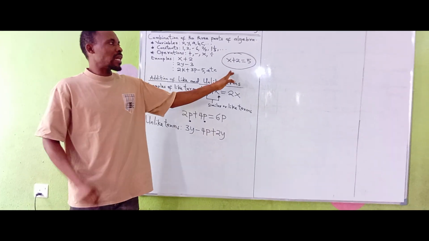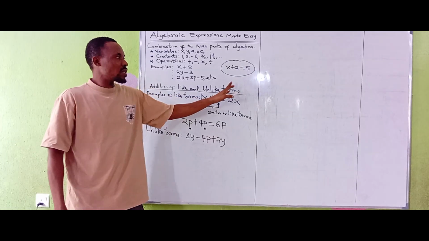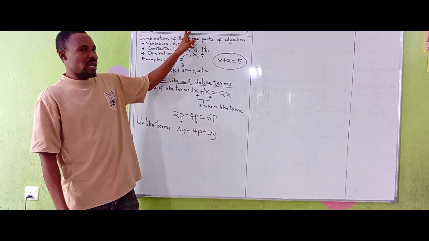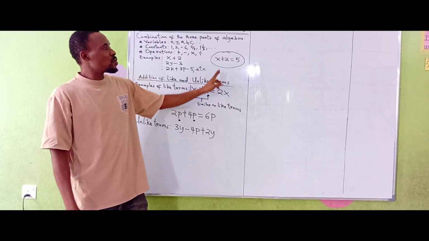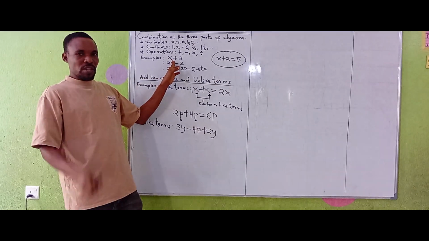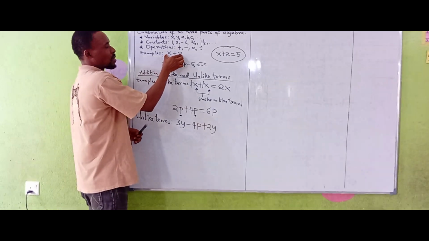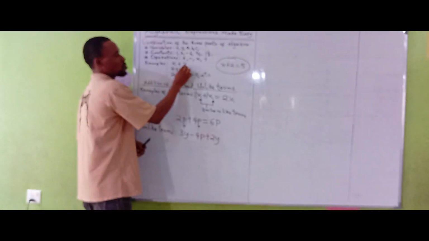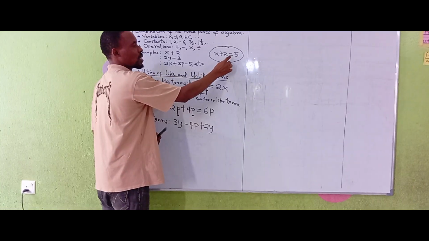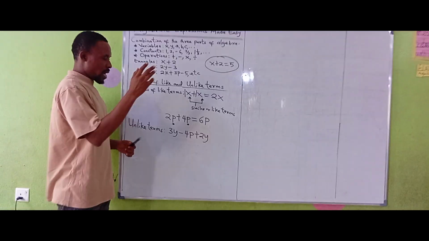This is called an algebraic equation because it has this equality sign. We are looking at algebraic expressions, so do not confuse an algebraic equation with an expression. Please notice the difference. x plus 2 is an algebraic expression, while x plus 2 equals 5 is an algebraic equation because it has an equality sign. That's by the way.